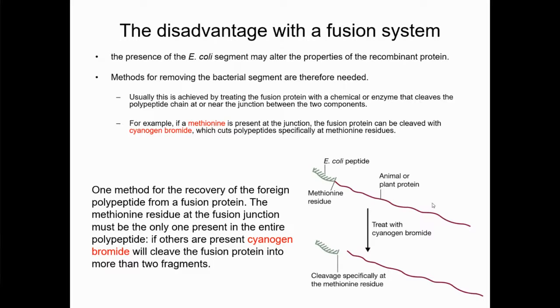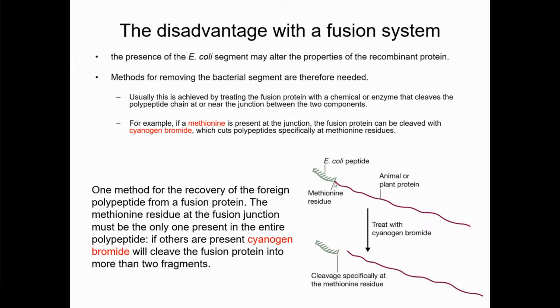The disadvantage of the fusion protein is that the presence of the E. coli bacterial segment can alter the properties of the recombinant protein. That's one disadvantage. There are methods to remove the bacterial sequence.